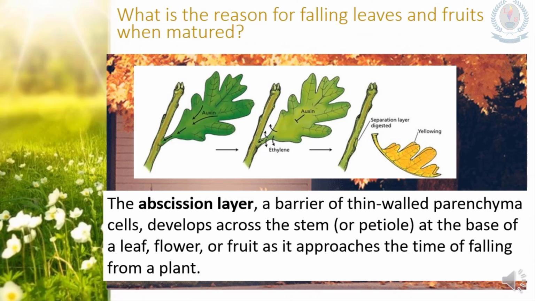A barrier of thin-walled parenchyma cells develops across the stem or petiole at the base of a leaf, flower or fruit as it approaches the time of falling from a plant. This we know as abscission. Falling of mature leaves, flowers and fruits from the plant we call abscission.